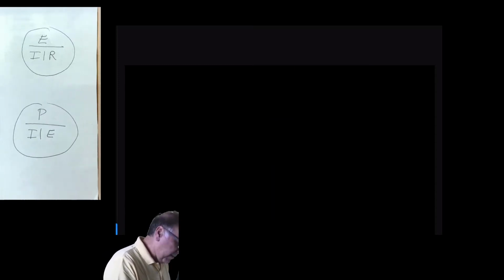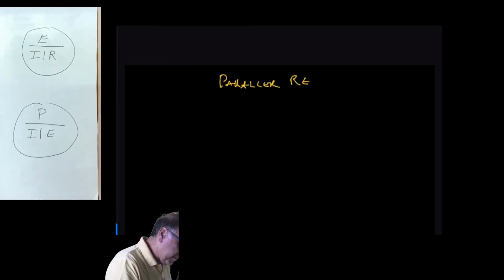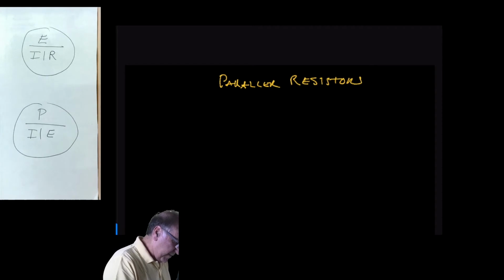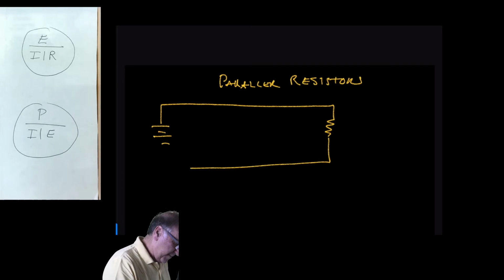Okay, so let's now look at parallel resistors. We have a circuit like this, battery. And we'll use 3 resistors here.